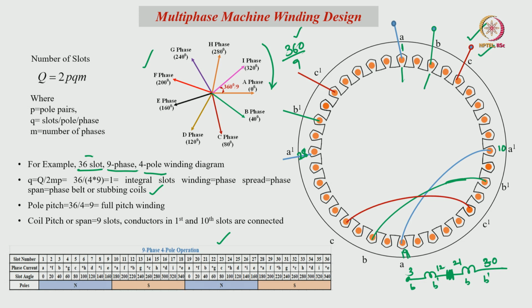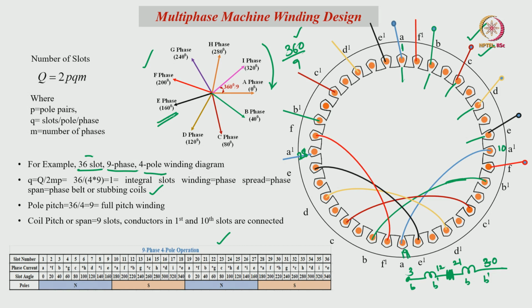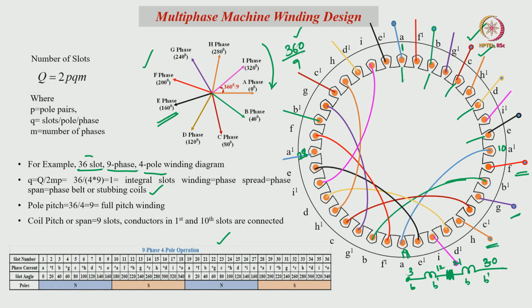Next, the C phase is placed at 80 degrees, the D phase at 120 degrees, the E phase at 160 degrees, then the F phase, G phase and H phase. In the same way the I phase is also placed. Like this, the 9-phase winding can be made with respect to the winding table, or by utilizing the stubbing manner we can also design the winding for the 9-phase machine.